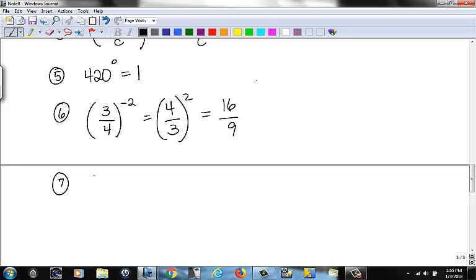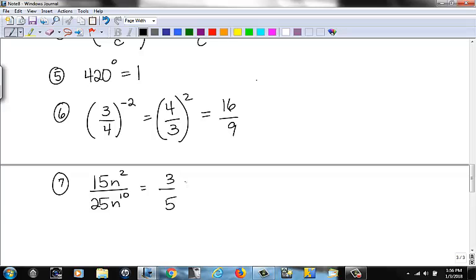Okay, number 7. Up in the numerator, 15n to the second divided by 25n to the 10th. Reduce your fractions. 15 over 25, 3/5. I can do this a couple ways.